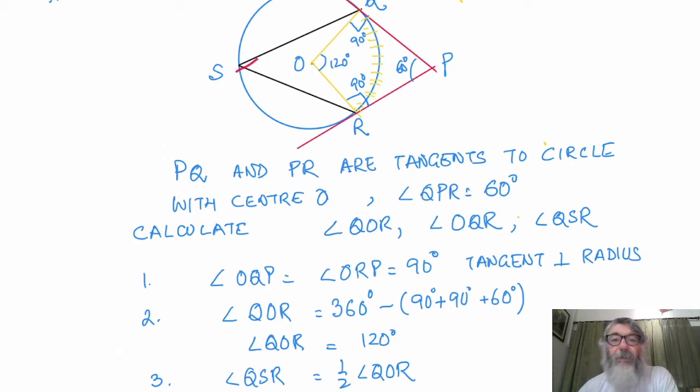This arc subtends angle QOR at the center, and the same arc subtends angle QSR at the circumference. So the relation is that angle QSR will be half of 120, so it will be 60 degrees. Double angle property.